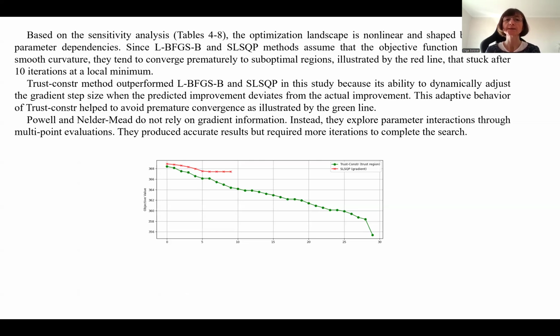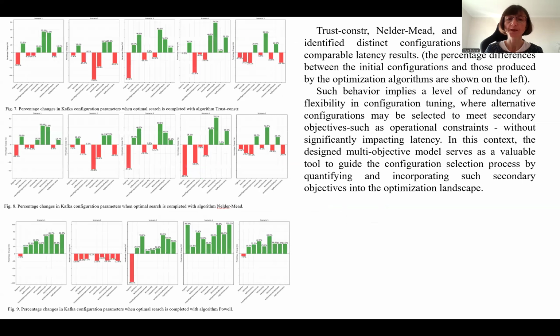And Powell and Nelder-Mead do not rely on gradient information, so they explore parameter interaction through multi-point evaluation, and they produce accurate results, but require more iterations to complete the search.